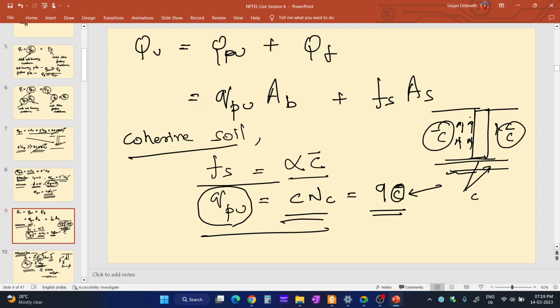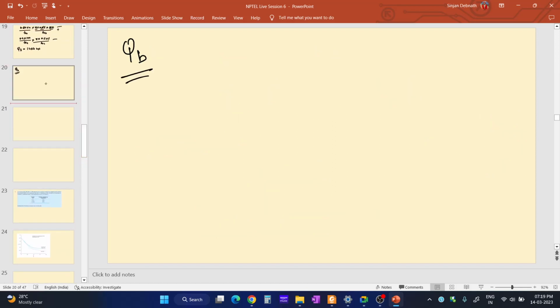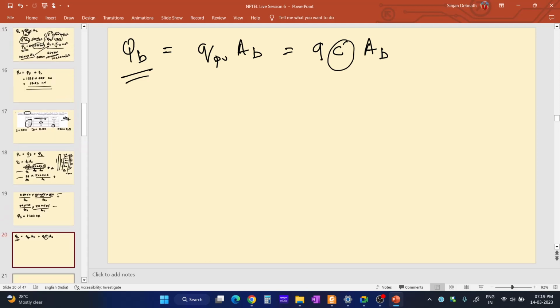So QB is equal to QPU into AB, which is equal to 9C into AB, area of the base of the pile. This C corresponds to the cohesion of the soil below the base of the pile. So what is the cohesion of the soil below the base of the pile?